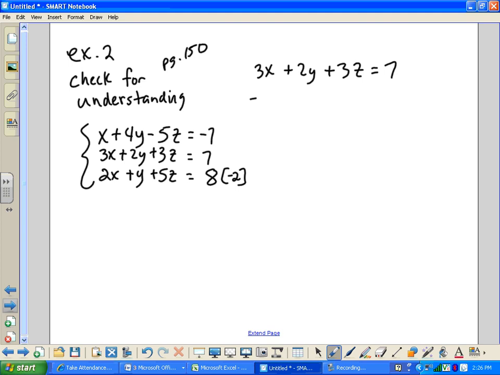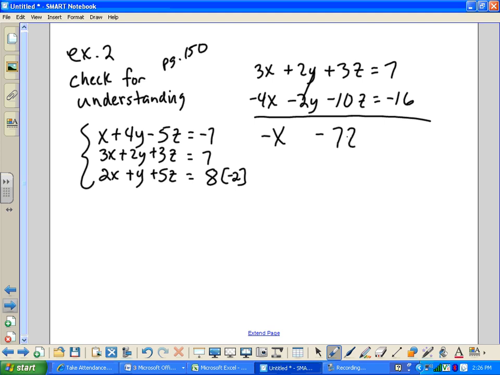So that's going to give me -4x minus 2y minus 10z equals -16. Okay, so the y's are going to go away, and I'm going to have an equation that just has 2 variables instead of 3. So this will give me -x, and then 3z minus 10z would be -7z equals, and 7 minus 16 would be -9.